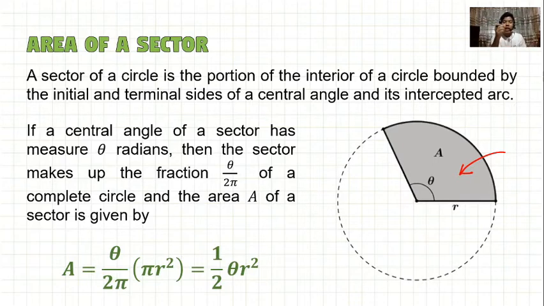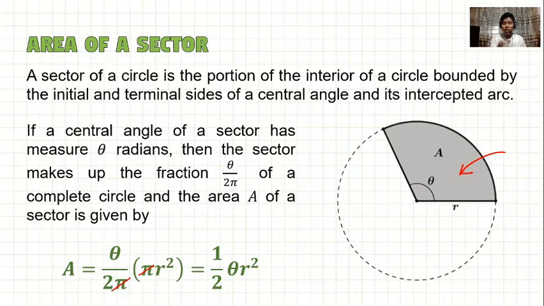So we have theta over 2 pi times pi r squared, and that is just equal to 1 half theta r squared. So our pi here will be canceled out. We now have the area of the sector equal to 1 half times theta r squared. So we need the angle theta and the radius to solve for the area of the sector.